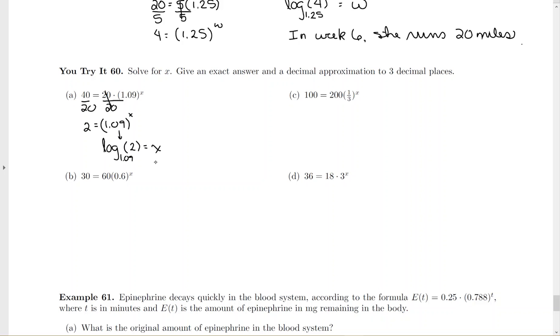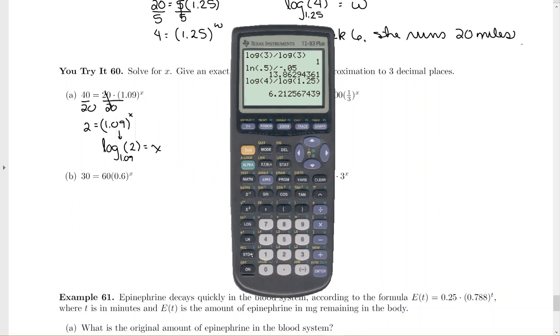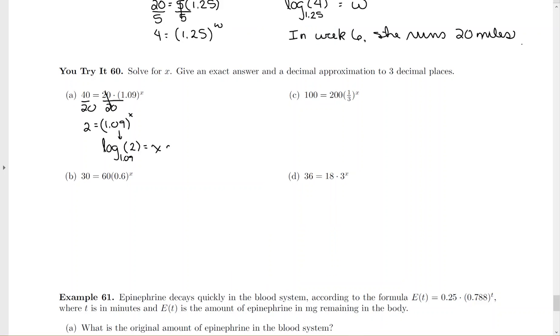Okay, there's my exact answer. Now the decimal approximation. Again, log 2 divided by log 1.09. And we're rounding to 3, so the 8.043 would be all that I'd write in.